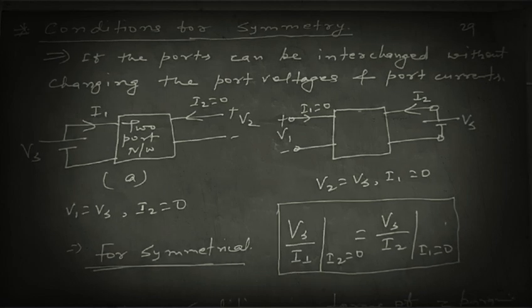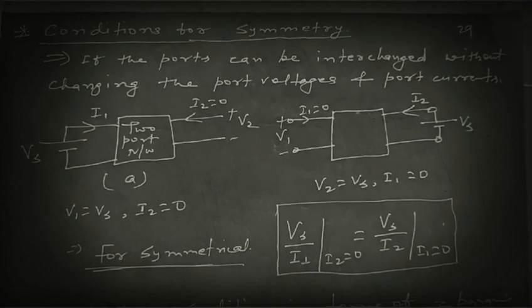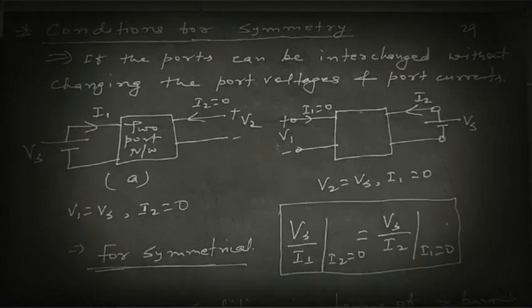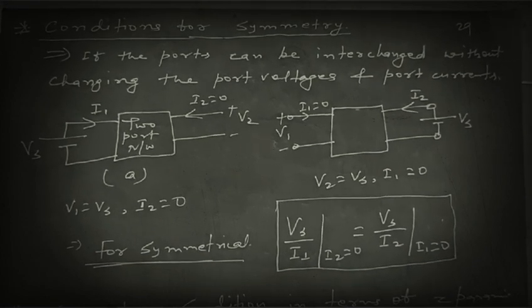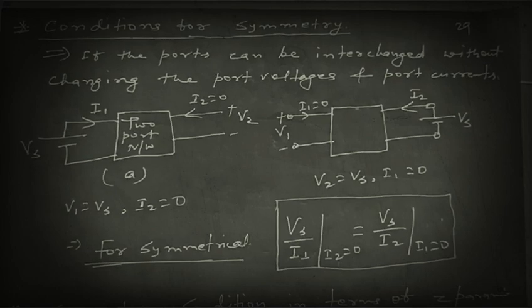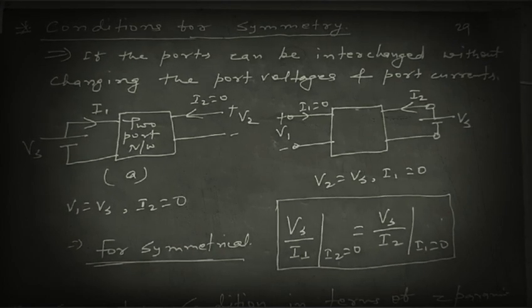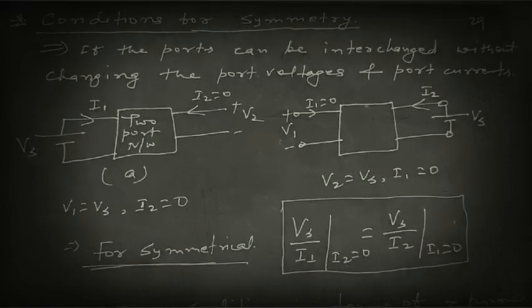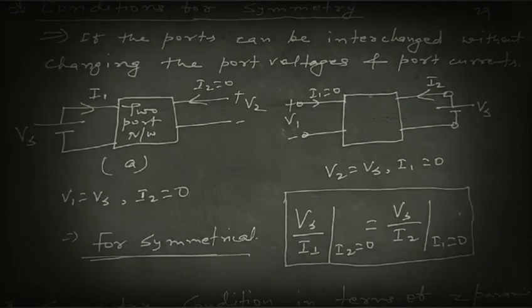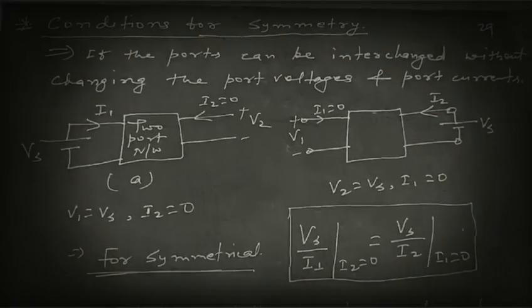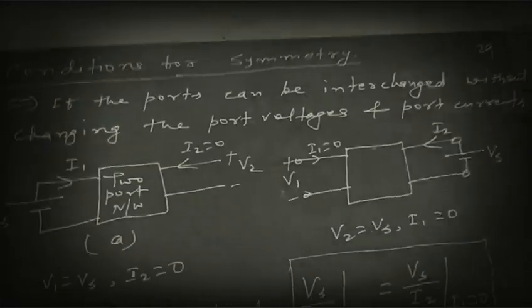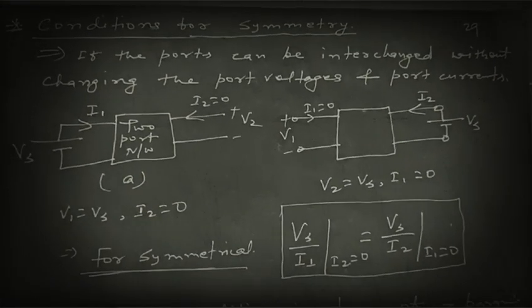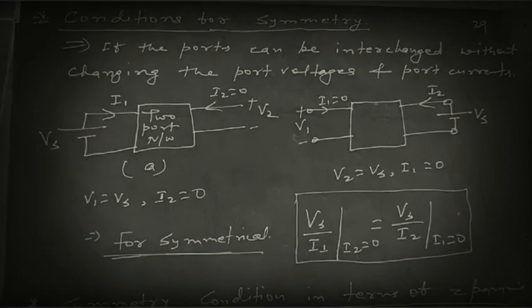That means when we interchange the port, suppose we have applied a voltage Vs and current I1 at the input port and output port is open circuited. Now when we interchange the position, again we get the same values, that means the conditions are not changing with interchange in the terminals of the ports of the network. So this is the condition of symmetry.